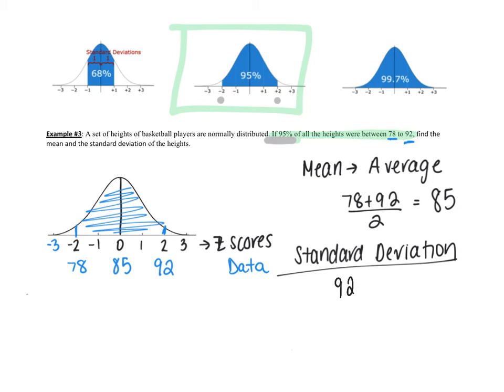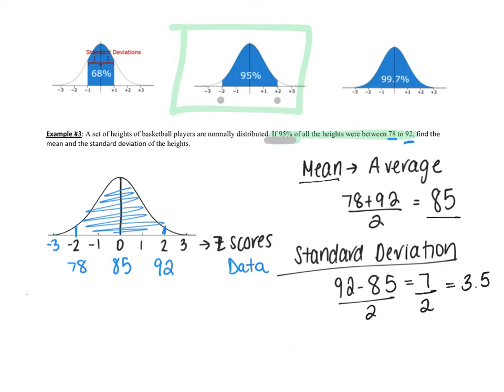So 92 minus 85, that gives us 7. And we want to divide by the number of spaces. There are 2 spaces, so we're going to divide by 2. So 7 divided by 2 is approximately 3.5. So that would be my standard deviation.